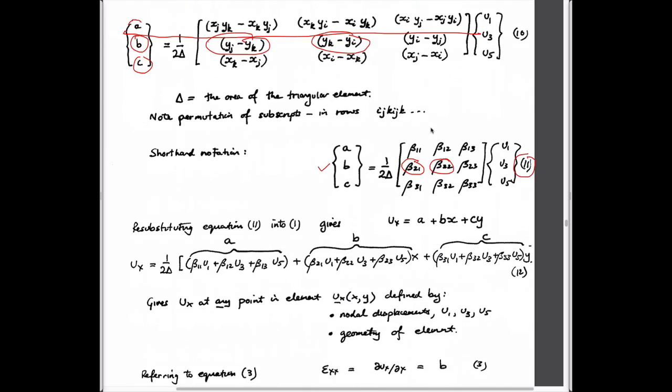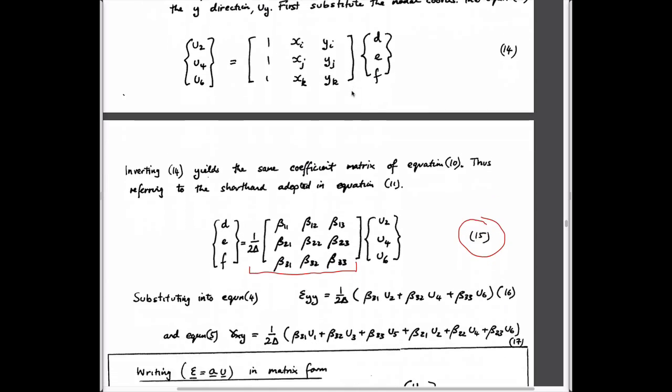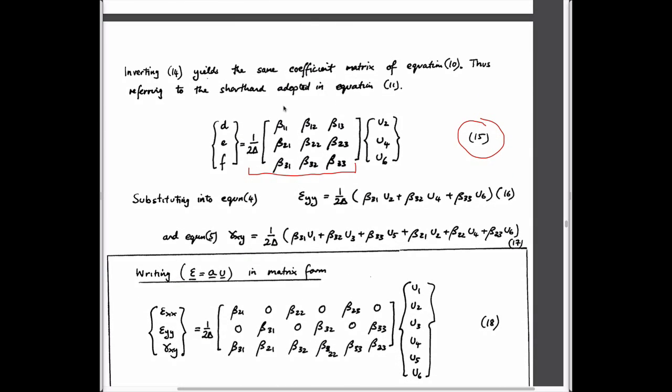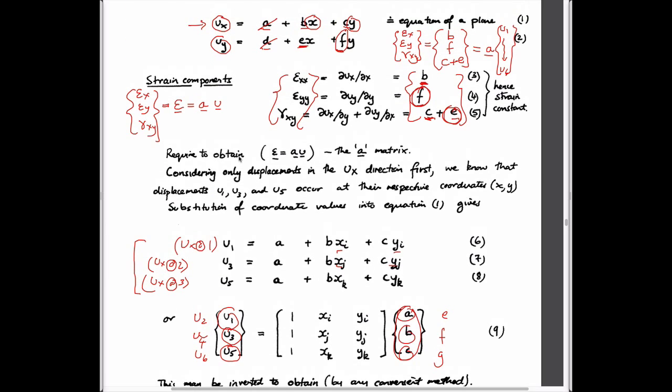So remember the fact that we have this matrix here that we're going to be interested in B and C from. We have this matrix here, which we're going to be interested in E and F from, because each of these components contribute to this.